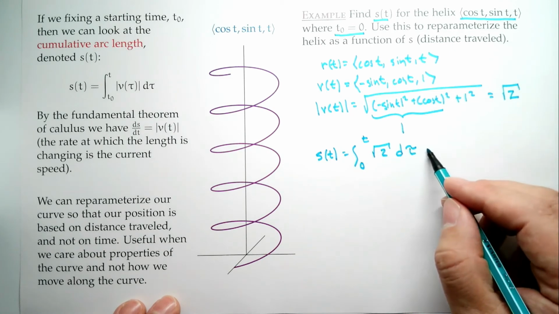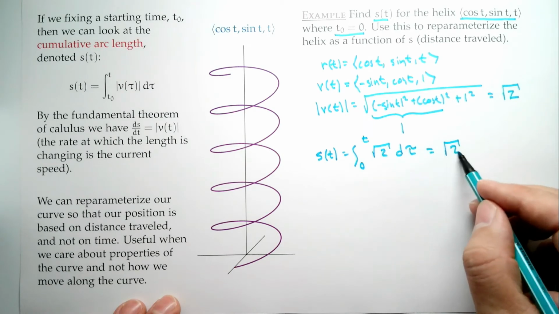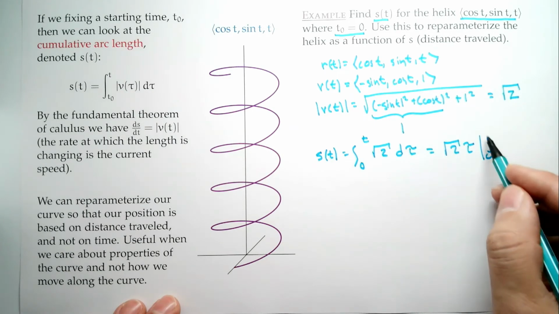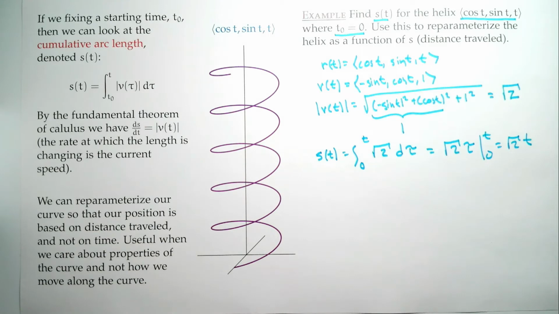Well, what's the integral of square root of 2? Square root of 2 times tau, but you evaluate from 0 to t, which means it's square root of 2 times t. So if I want to know how far I've traveled, because I'm going at that constant speed, it's just the speed times the amount of time.